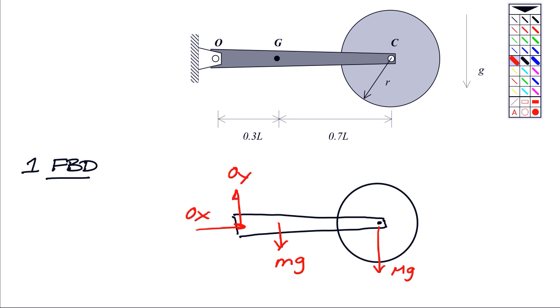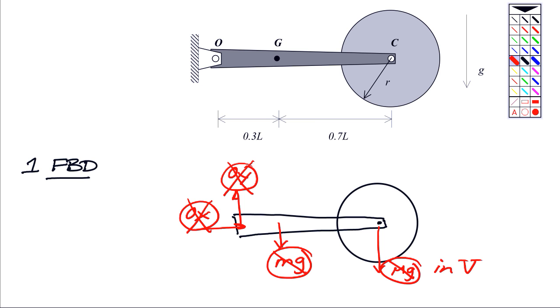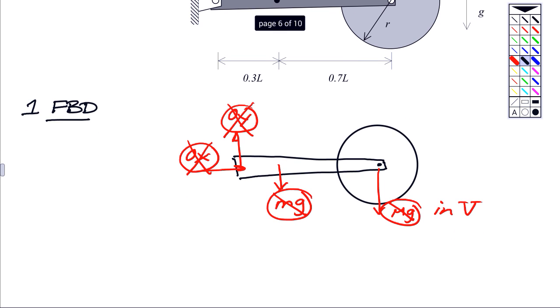What we want to do here is figure out which forces, if any, do non-conservative work. Ox and Oy don't do work because they act at a fixed point. mg, for each case, does work, but we're going to include that in V. So there are no forces left doing work.